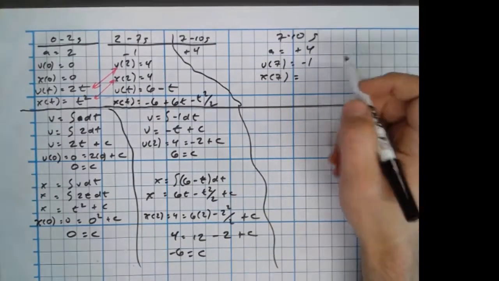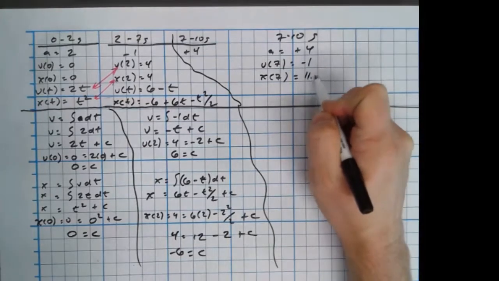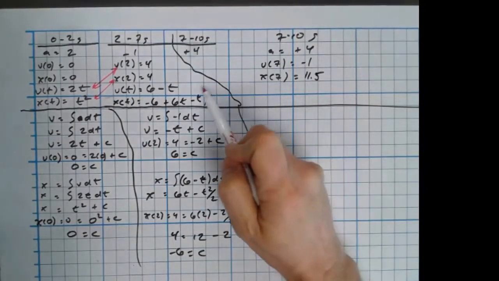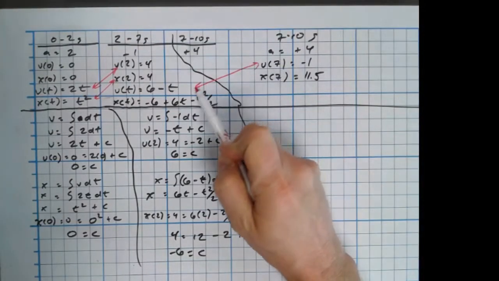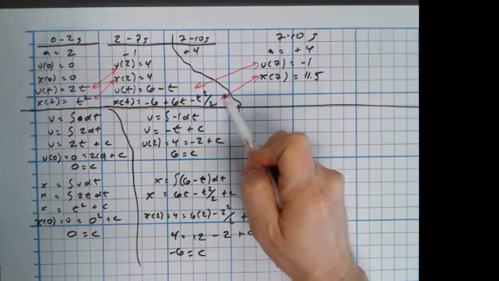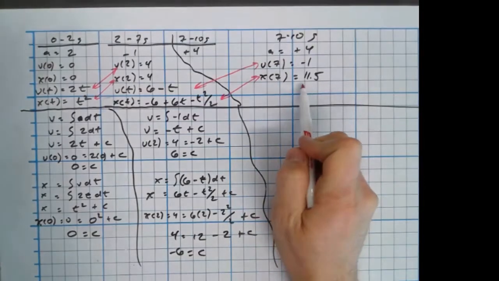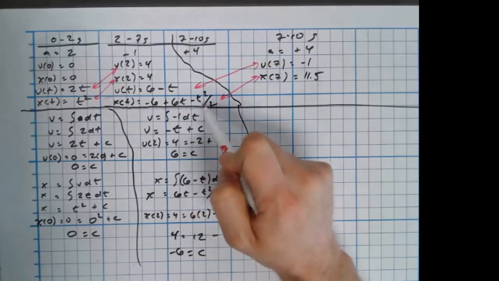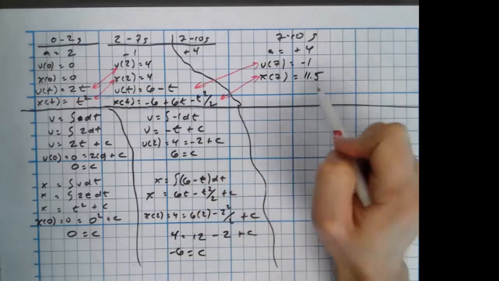So to save space, I'm going to give the result. That's 11.5. So I got those two things just like before by plugging into those two functions. I got that 11.5 by plugging 7 into here and saying -6 plus 42 minus 49 over 2 gives 11.5.